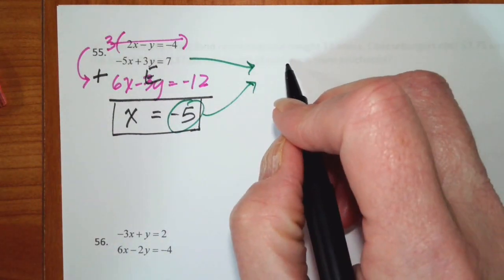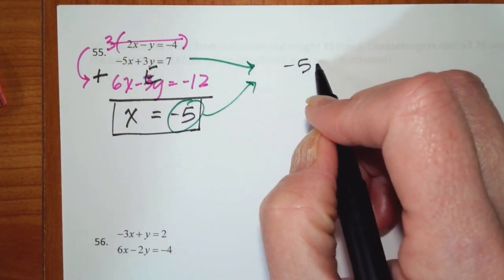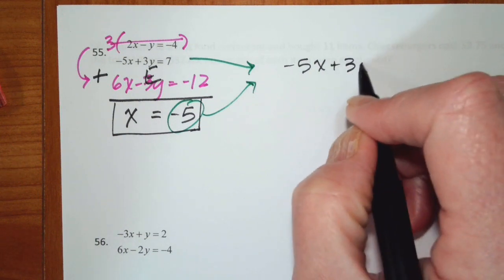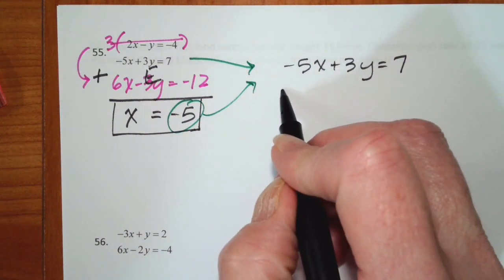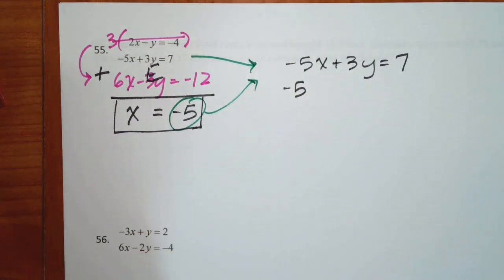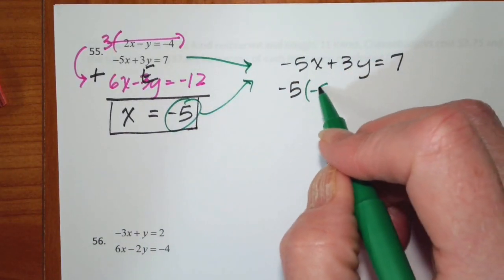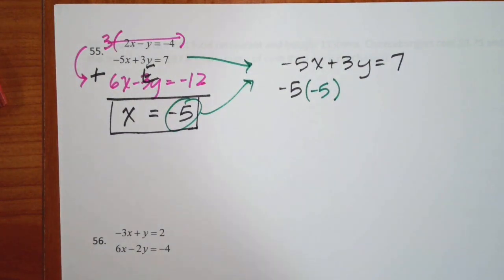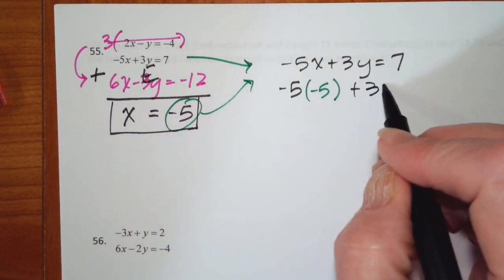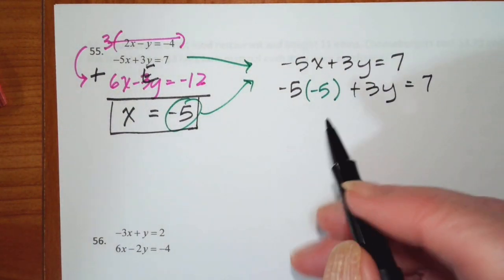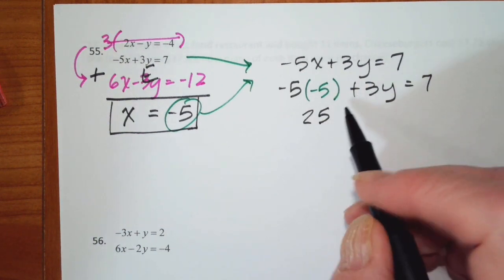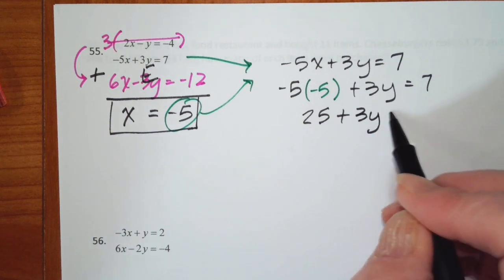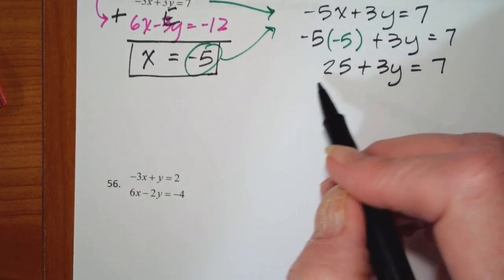So if I have negative 5x plus 3y is equal to 7, I can say negative 5 times negative 5 plus 3y is equal to 7. So 25 plus 3y is 7.